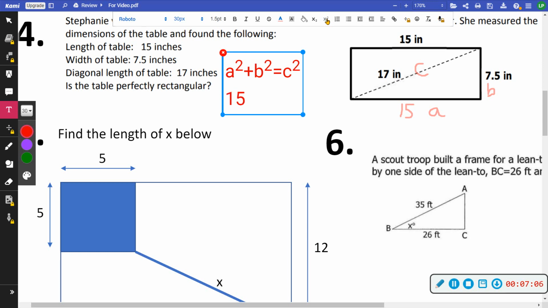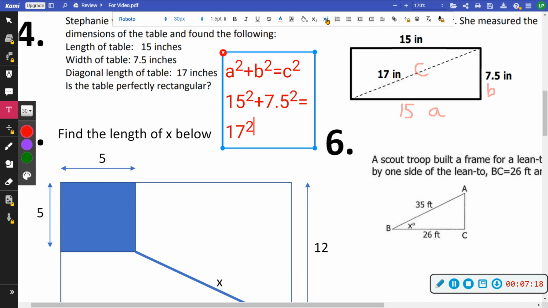So let's check. What is 15 squared plus 7.5 squared? We're going to see what that is. And then we're also going to see what is 17 squared. So when I punch 15 squared plus 7.5 squared in my calculator, I get 281.25.